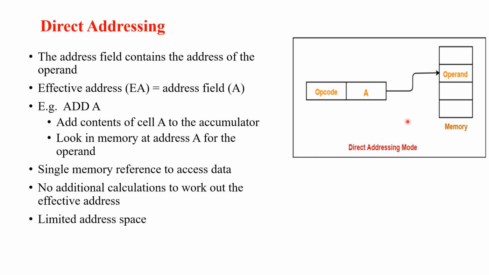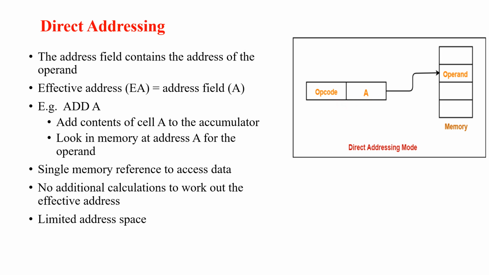In direct addressing mode, the instruction's address field contains the actual memory address where the operand is stored. This means the effective address, or EA, is simply the address provided in the instruction. For example, in the instruction ADD A, the processor looks at memory location A to find the operand. The contents of memory address A are then added to the accumulator.